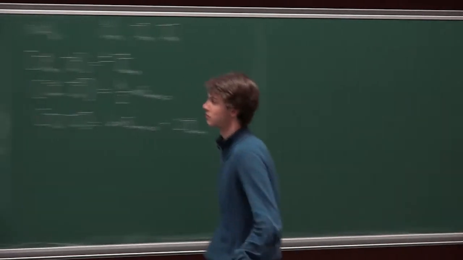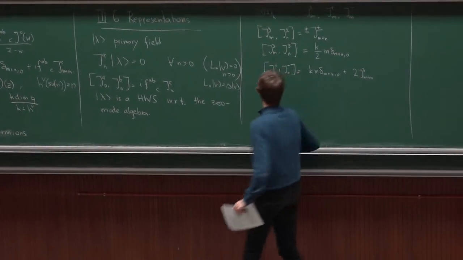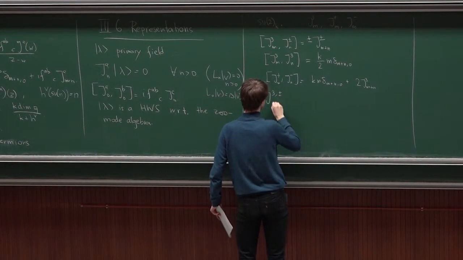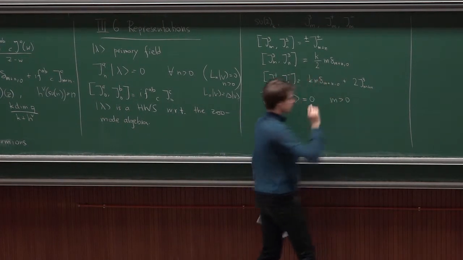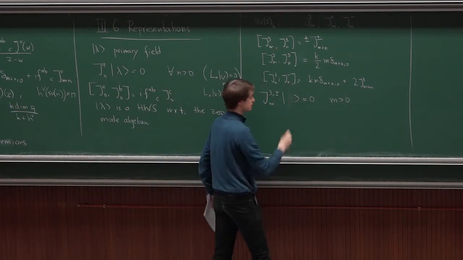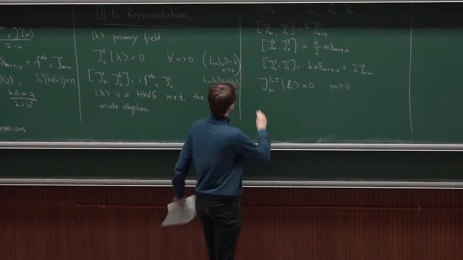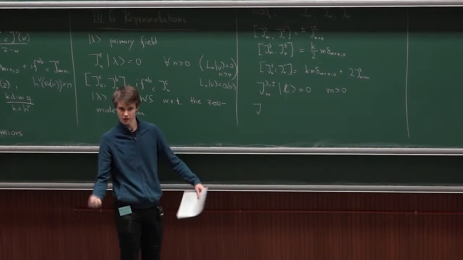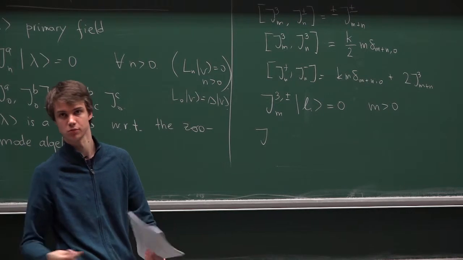So now let's write down what this condition means in that case. It means that J3 or plus or minus, which I just write collectively like this, on the state is 0 for m bigger than 0. And let me give, in this case, another name: I call it lambda, L. You will see in a second why. This L should be a highest weight state of my SU(2) representations, and you know that SU(2) representations are just labeled by their spin.